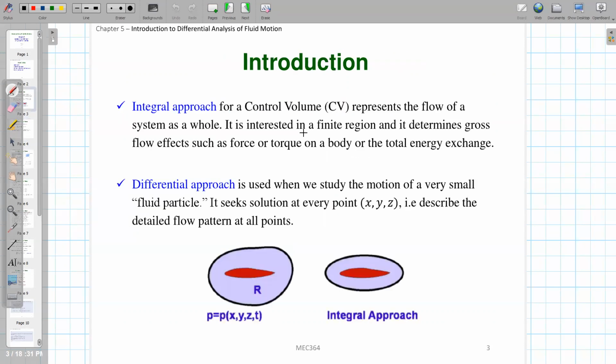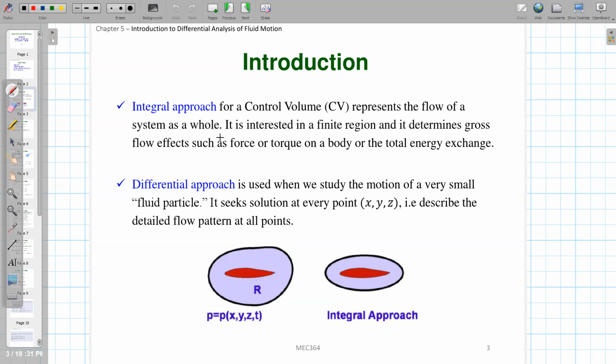It's like you think of the flow inside your system, your control volume, as a bulk, one item, a whole stuff there. Which means that with the result you get, you won't know anything that happened inside this control volume.